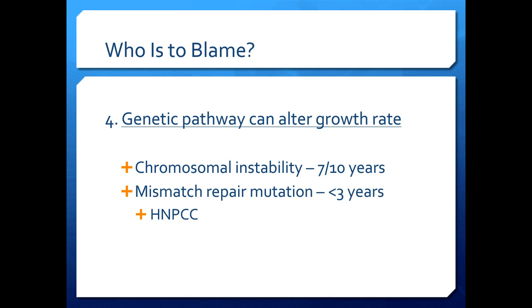We can do some special DNA mismatch repair genes looking at the genetics of the individual cancer cells, and what we are finding is that there is a little bit faster growth rate in those colorectal cancers that have these mismatch repair genes, and that's something that can be done by the pathologist to determine if this happened to be a faster growing cancer, and that's important.